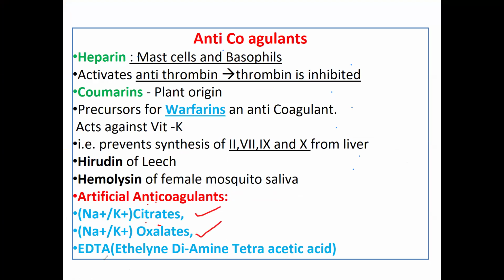And a very famous anticoagulant in general is EDTA, ethylene diamine tetraacetic acid. Ethylene diamine tetraacetic acid is a commonly used anticoagulant. Of course, citrates are also used in the laboratories for the storage of blood. Okay, so that is about blood coagulation.